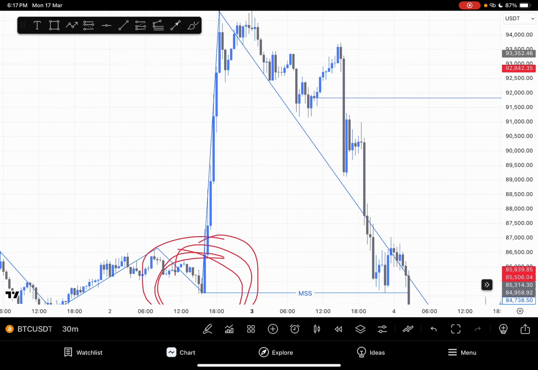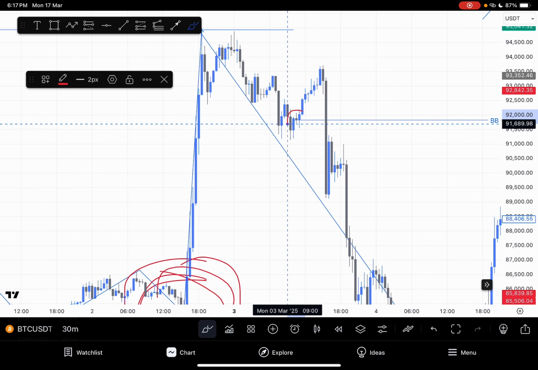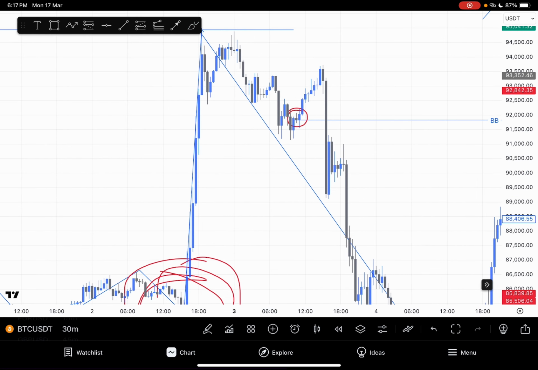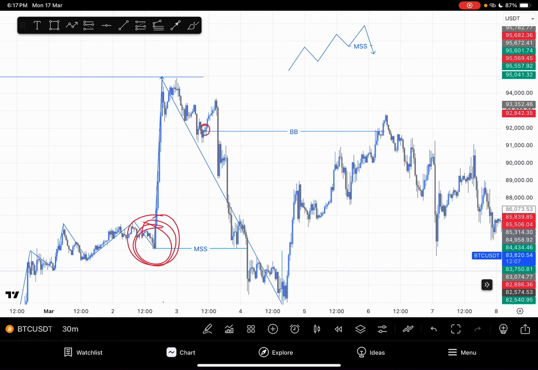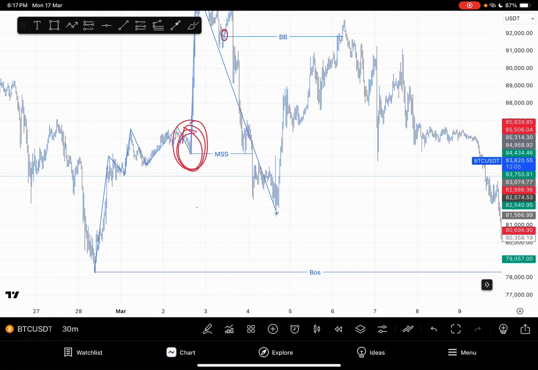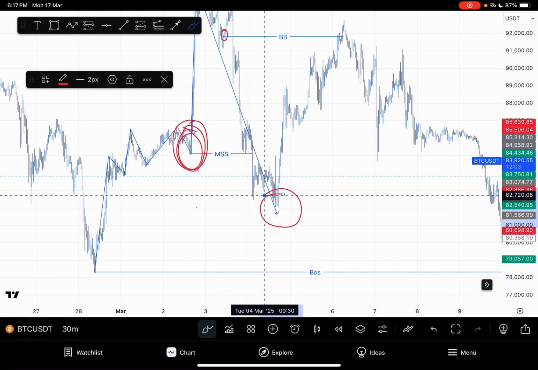If you look closely, you see it here at this point. So I just quickly put my entry at the body of the candle. You can see immediately price gets to that breaker block, it taps on it, then pushes to the downside again to take out this previous low.